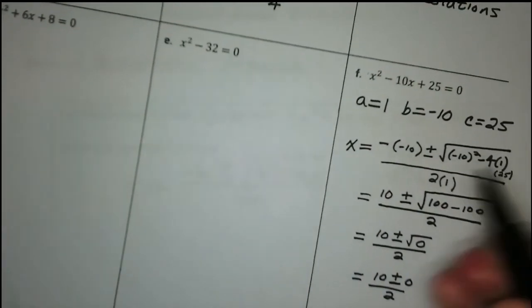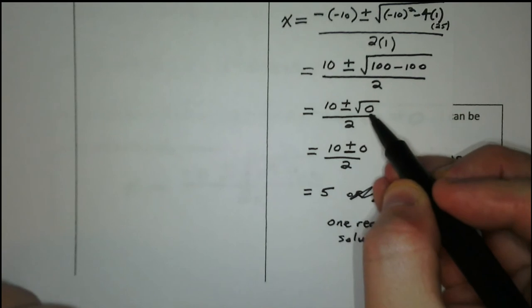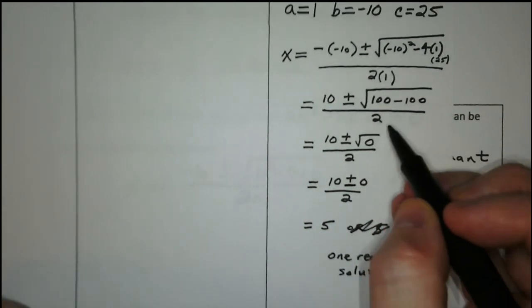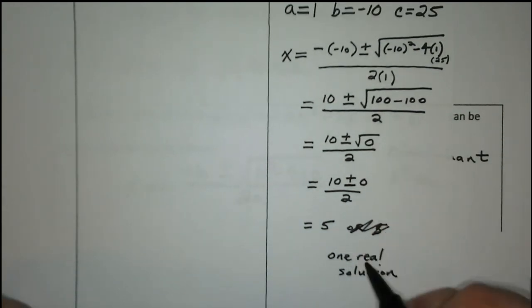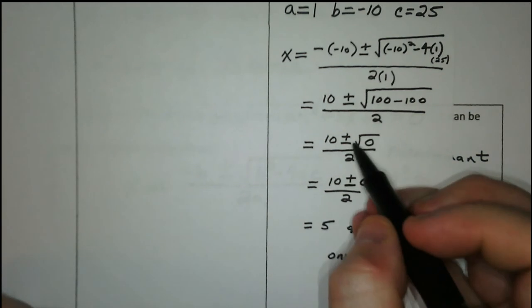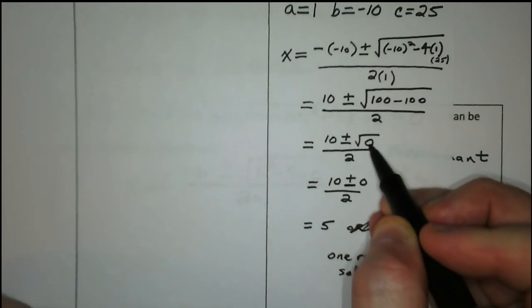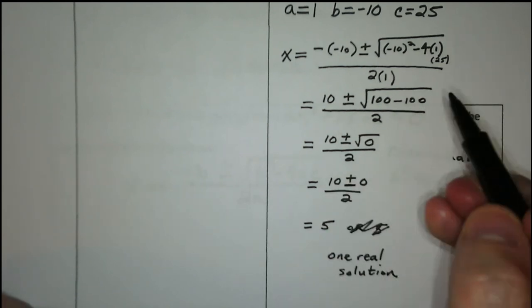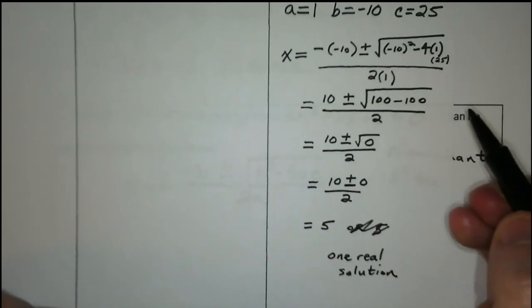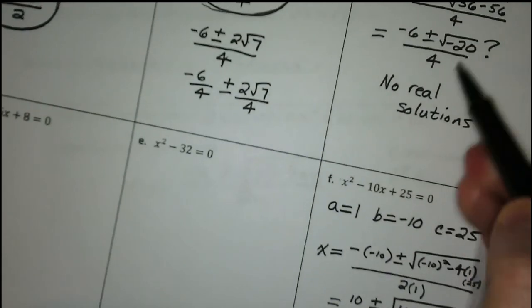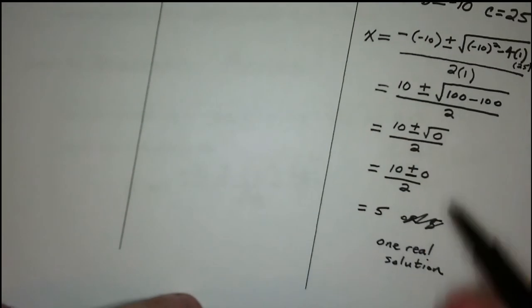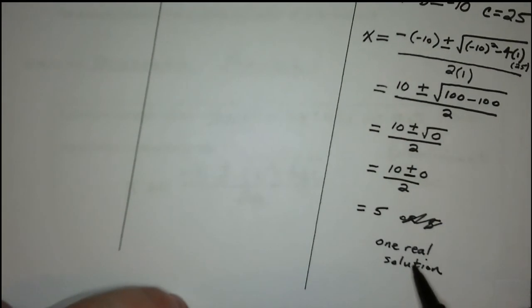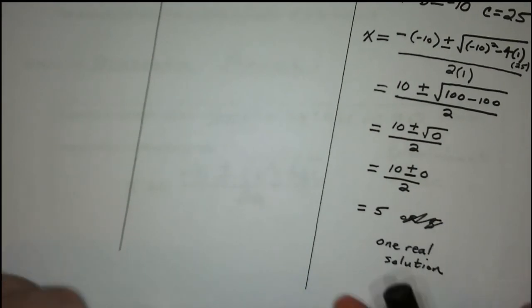And if your discriminant equals exactly 0, you have just one real solution, because adding or subtracting 0, there's no difference. So one more time: positive, 2 real answers; negative, no real solutions; exactly 0, 1 real solution. That's important for certain questions on your homework.